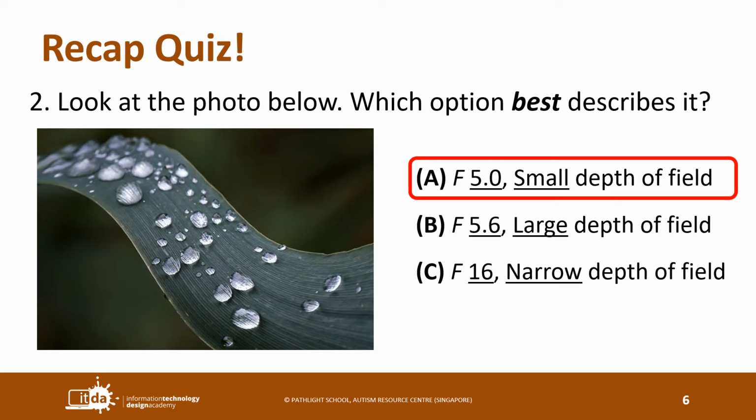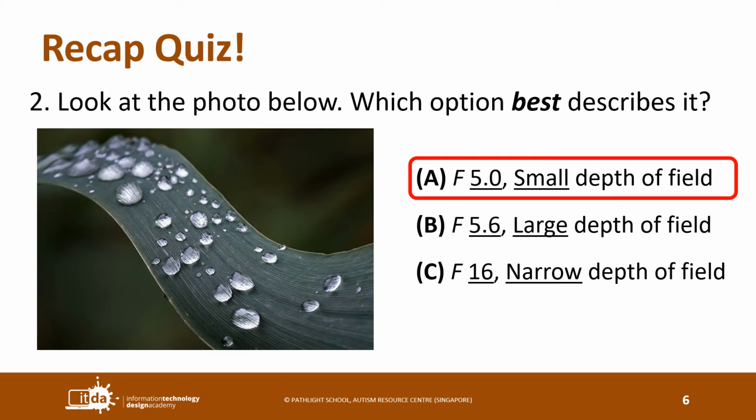Other water droplets at the side is blurred out and the entire background behind the leaf is blurred out. So with this, you can tell that there's a lot of blurry effects. The focus area is small. So that means your depth of field is small, and that will mean that a small F number was set for this picture.